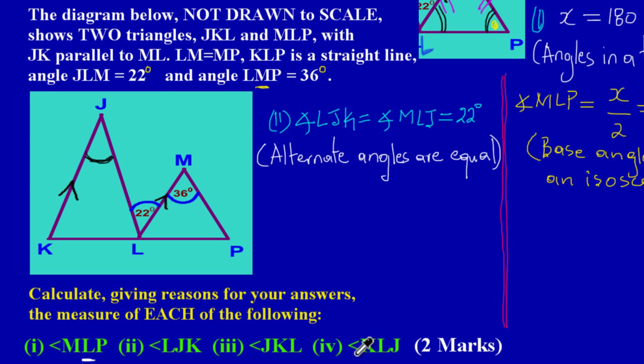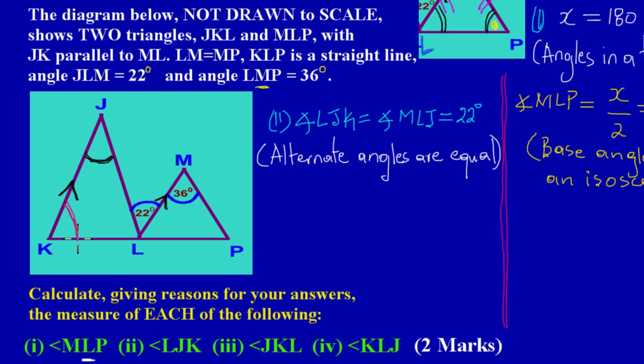Now, again, they're asking us to find JKL. So this angle here, J at the top, K here, and L there. All right, so let's just mark that angle quickly. This angle at the base they're asking us to find.